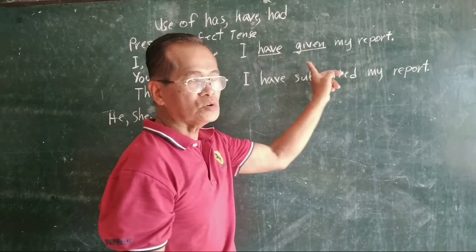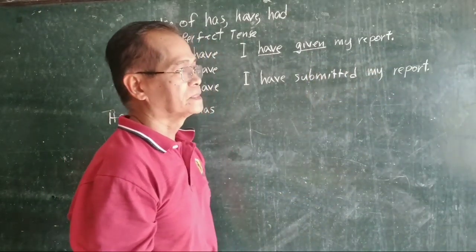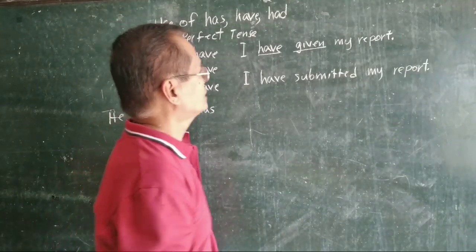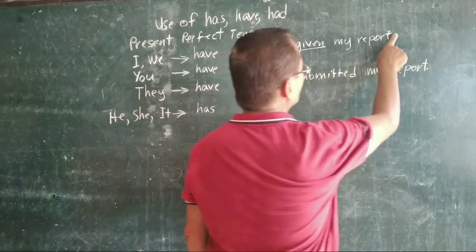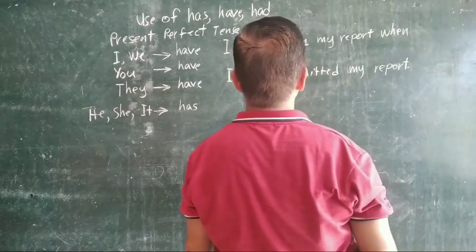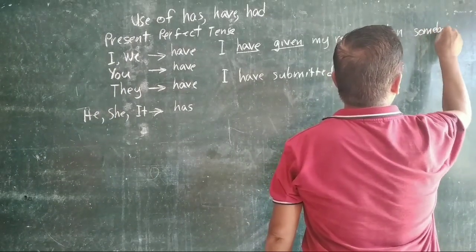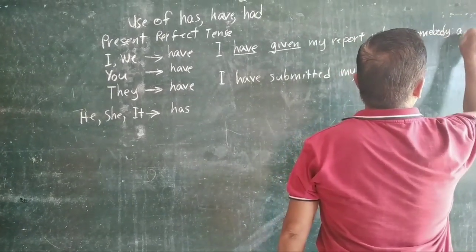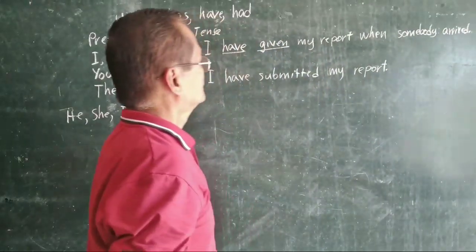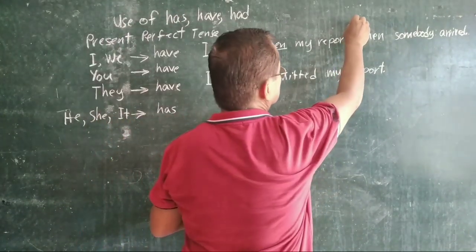Now, you can add some more here. Say for example, you want to include a subordinate clause like this one. I have given my report when somebody arrived. Now in this sentence, it is divided into two parts.